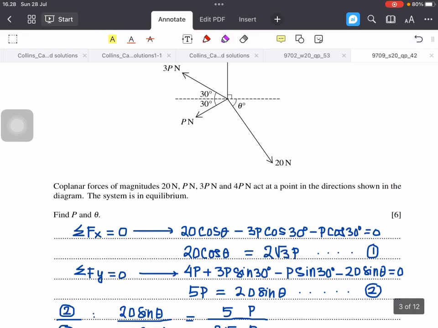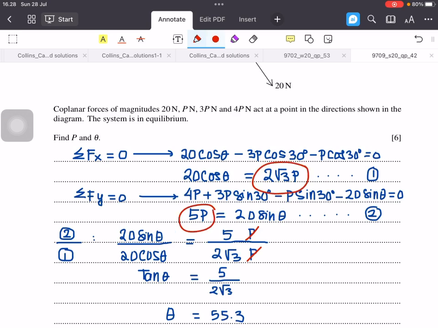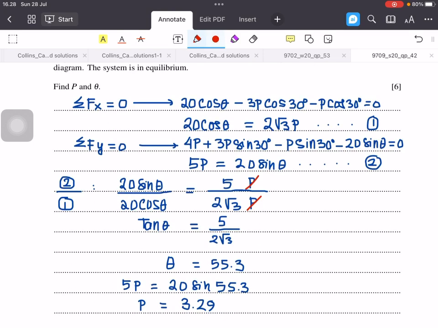Dividing the second equation by the first equation, we can cancel both P. So 20 sin theta over 20 cos theta is equal to 5P divided by 2 square root of 3 P. We can cancel P from this equation, and also cancel the 20.